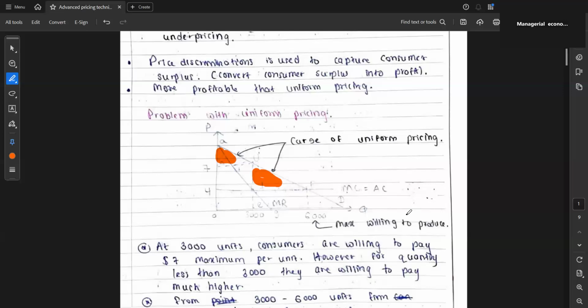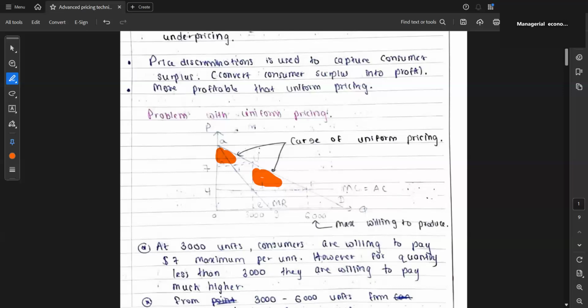So that means if a company, a manager, is able to convince each consumer to purchase each quantity at their maximum price, then these two triangles will be revenue to that company. So these two triangles will convert into revenue for that company if they are able to do that.